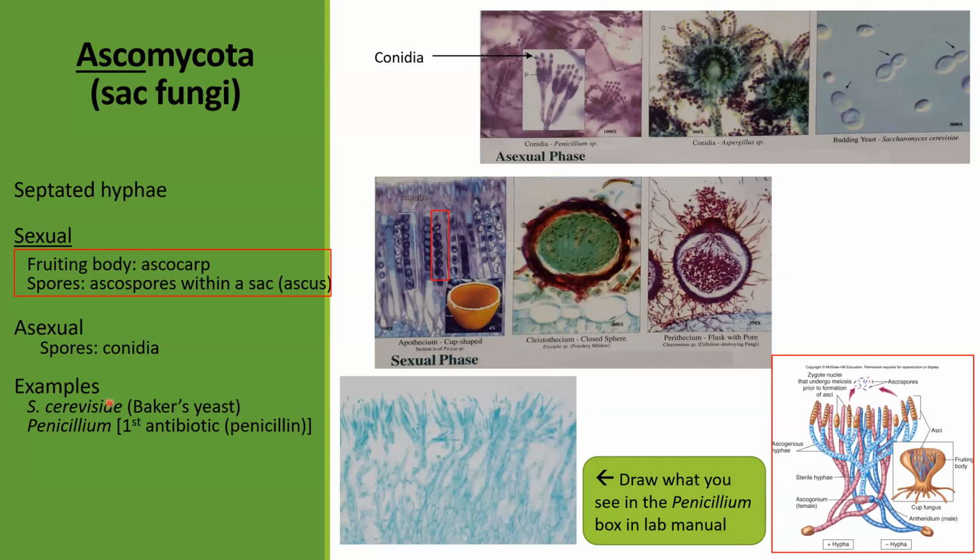It talks about the ascospores within a sac for sexual, and then asexual would be the spores conidia, and it's shown up here. And then we talked about how they could also reproduce through budding, so you have budding yeast shown here.